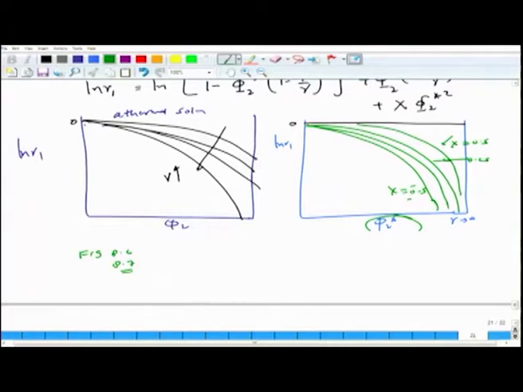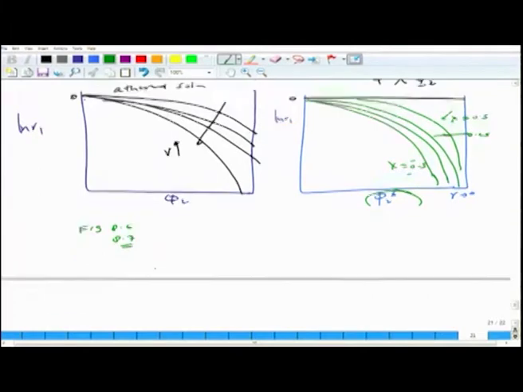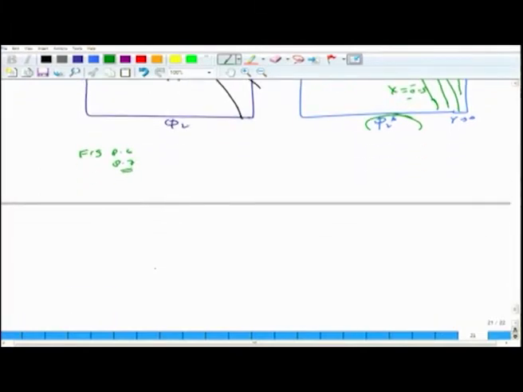Now, I will consider a specific case. Let us consider r infinity. In that case, the log of gamma 1, the activity coefficient of the solvent, can be reduced.